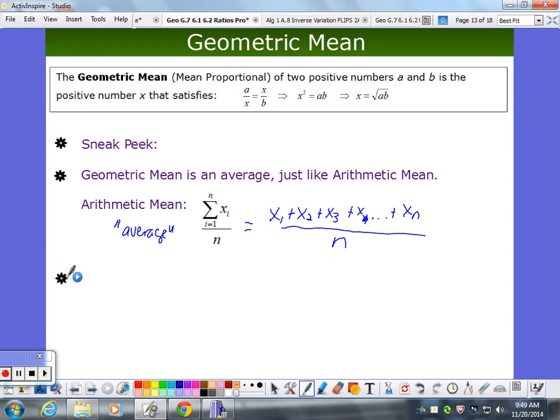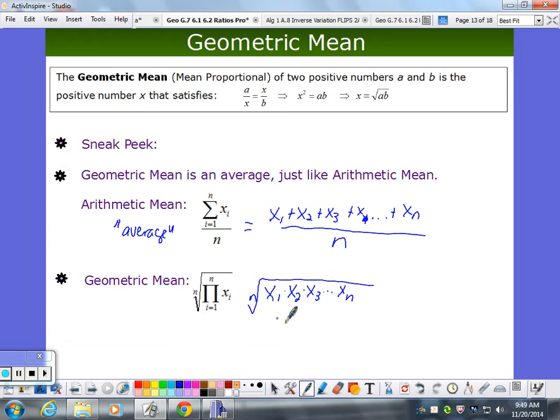So when you're finding a geometric mean, you've got a new symbol here. This is an uppercase sigma. This is an uppercase pi. Uppercase sigma means add. Uppercase pi means multiply. So this says multiply n numbers, and then take the nth root.